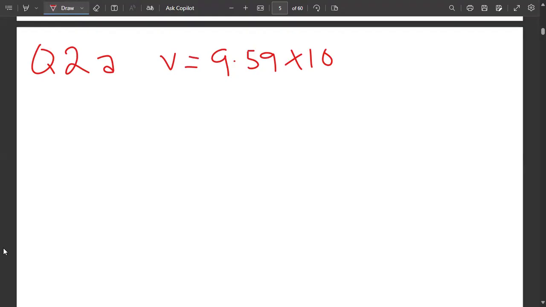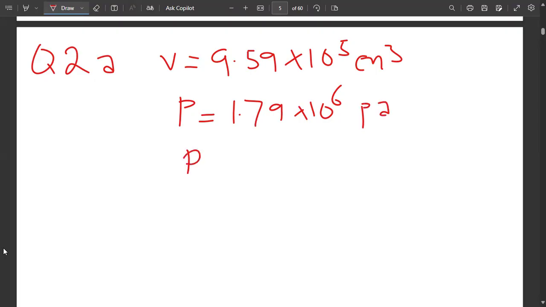The volume is, yes, to the power 5 cubic meters. Then we have the pressure. They've given us to say the pressure is 1.79 times 10 to the power 6 pascals.